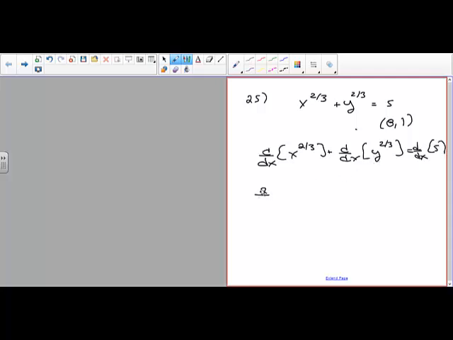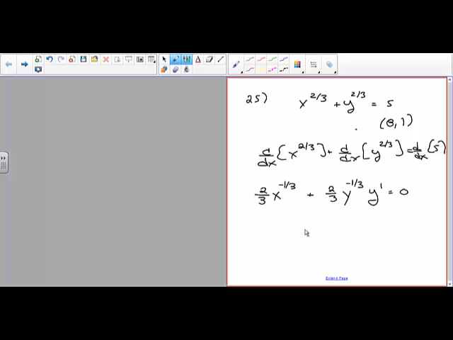So you get the exponent times x to the exponent minus 1. You get the same thing here, 2/3 y to the negative 1/3, but then you end up with this y prime term. And the right-hand side is 0.